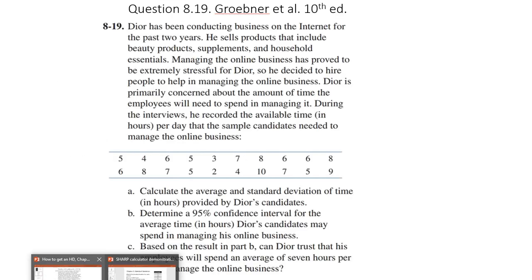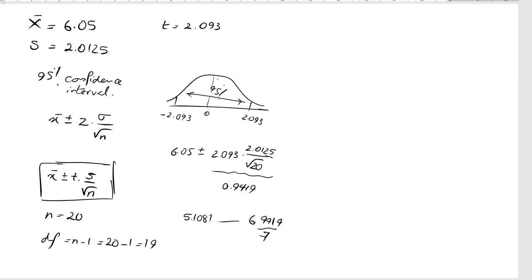Okay, that's part B. Now look at part C. It says, based on the result in part B, can the viewer trust that his employees will spend an average of 7 hours per day to manage the online business? 7 is basically on the border. Still acceptable. We can say yes, he can trust that on average his employees can spend 7 hours managing the online business.